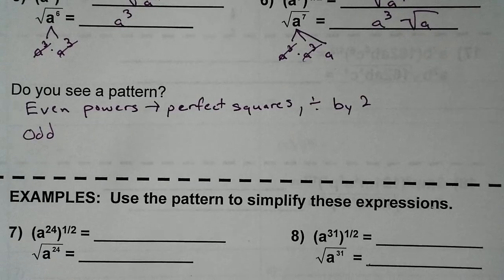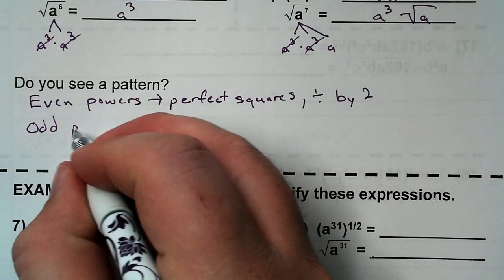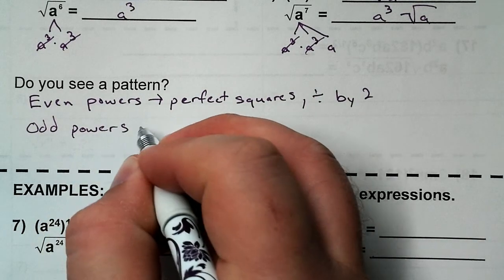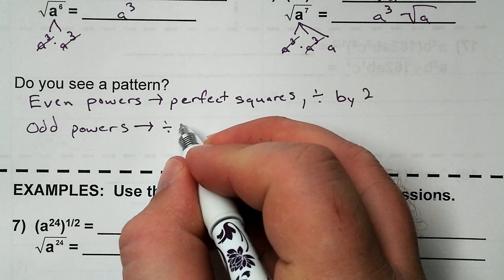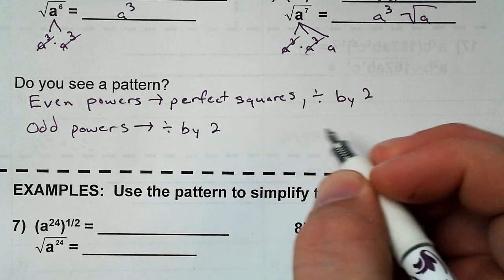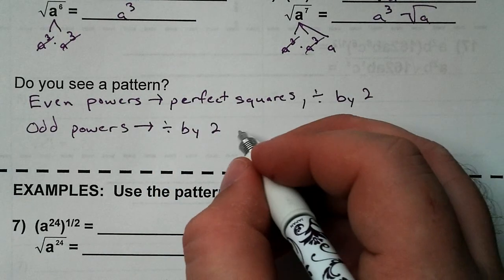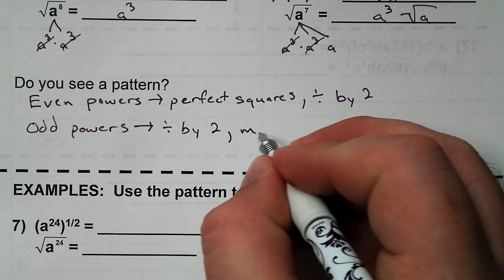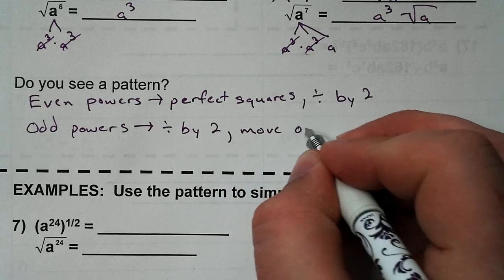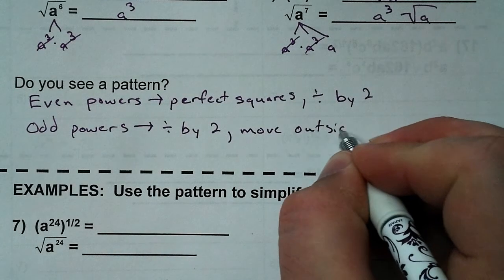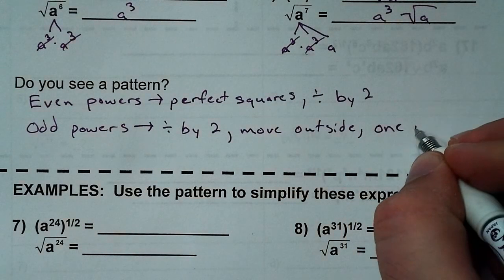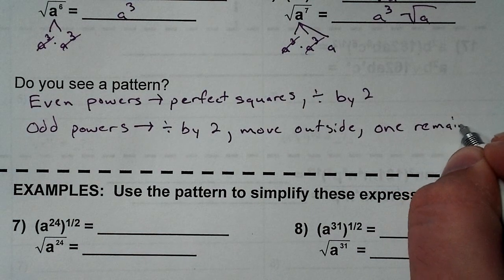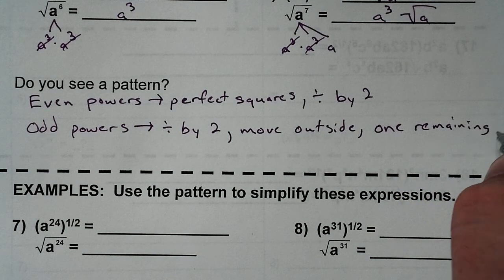So, for the odd powers, here is the rule. You divide by 2, move to the outside, and you're going to have 1 remaining inside.